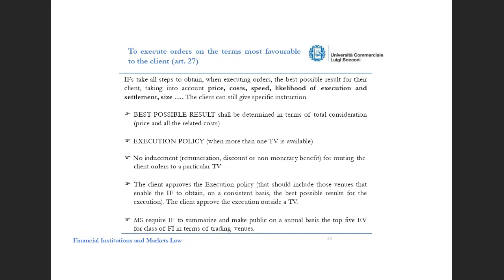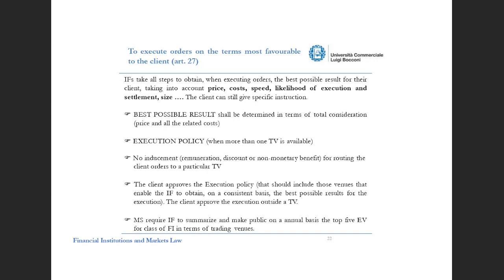The second bulk of conduct of business rules that you find in MiFID is about the so-called best execution regime, which is introduced by Article 27 of the directive. Best execution means duty to execute orders on terms most favorable to the client.